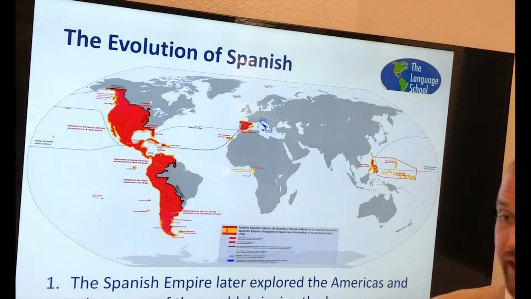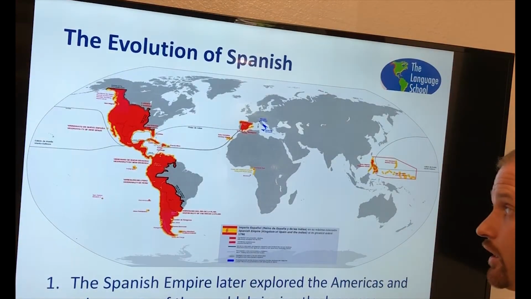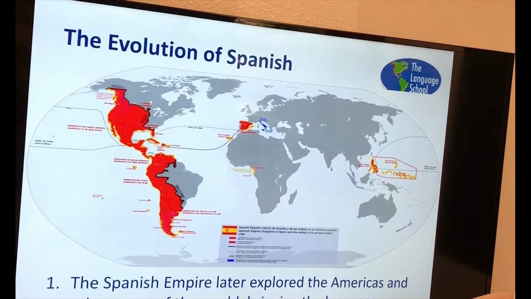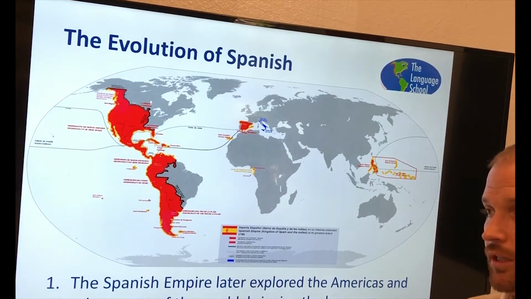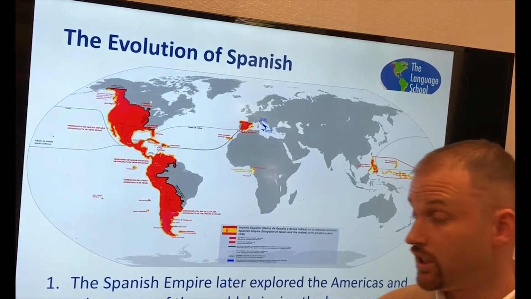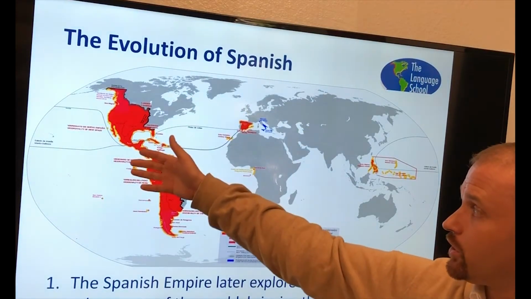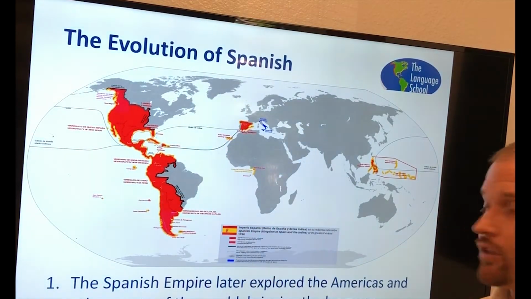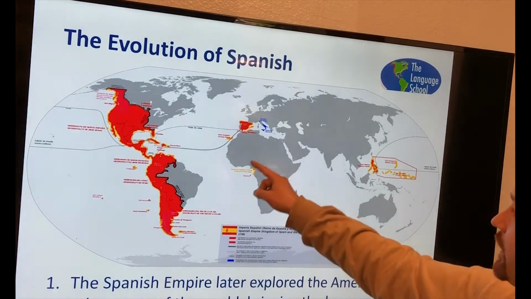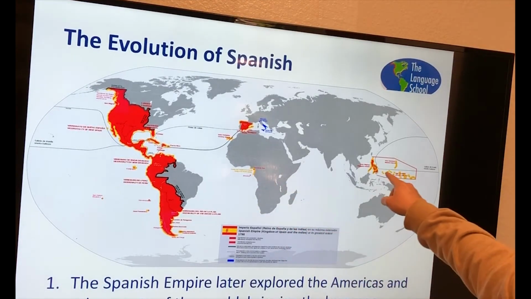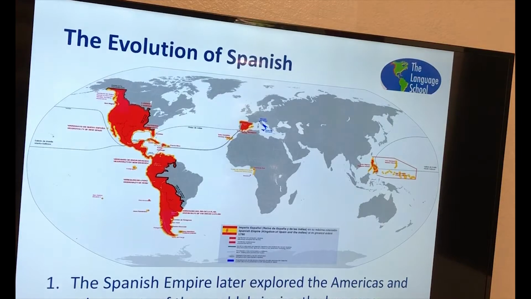So if you live in Denver or anywhere else here in Colorado, this was, maybe not originally, but for a very long period of time, a Spanish-speaking part of the world. Now, the Spaniards conquered most of North America, most of South America, and there are even little pockets in Africa that they colonized, as well as over here in Asia, in the Philippines. Spanish had a great influence on the culture and the language as well.